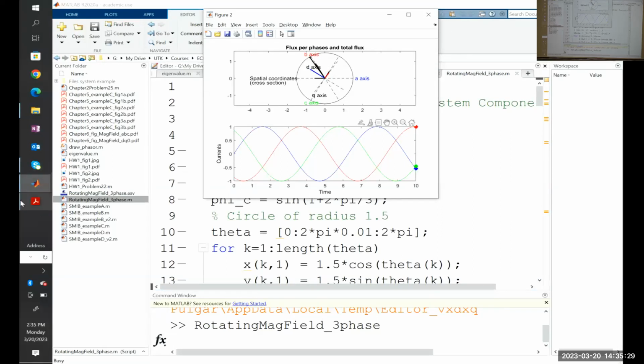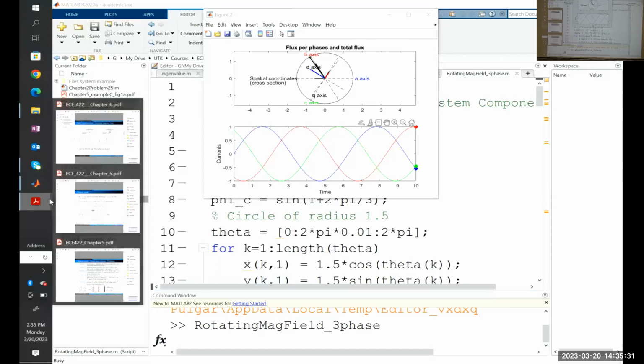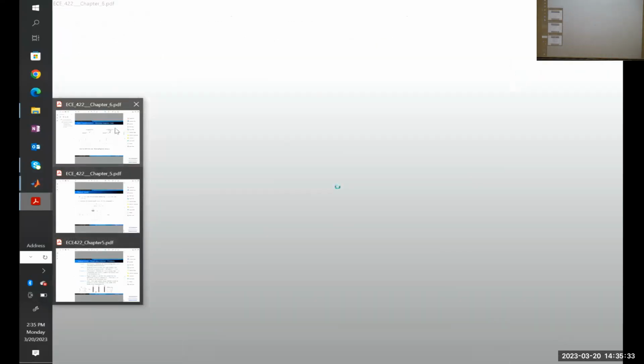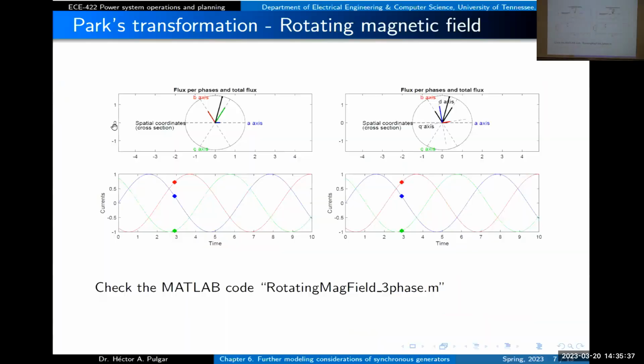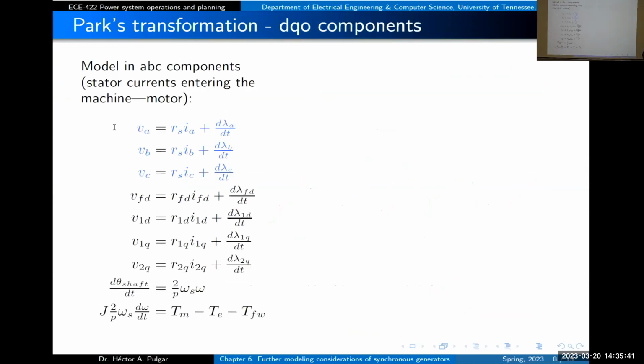All right. So we were here. Okay, so that's the main advantage of the DQ0 transformation. Now let's go back to the model that we have at the beginning.